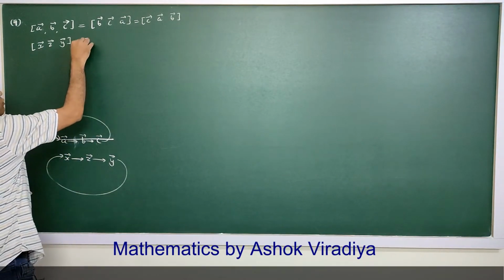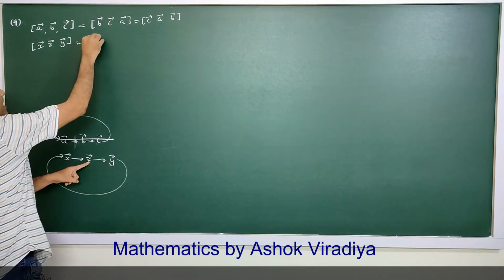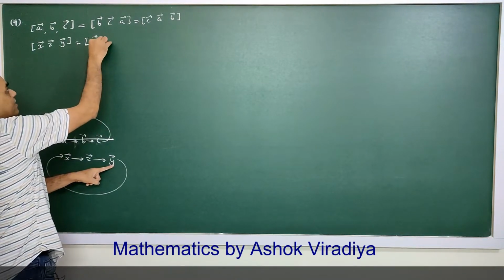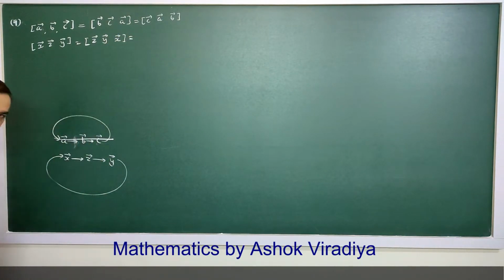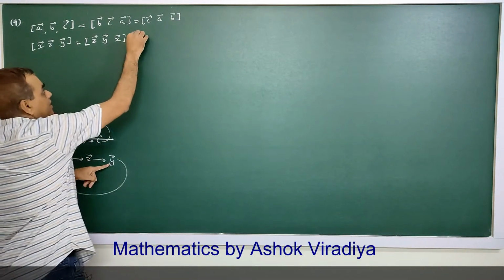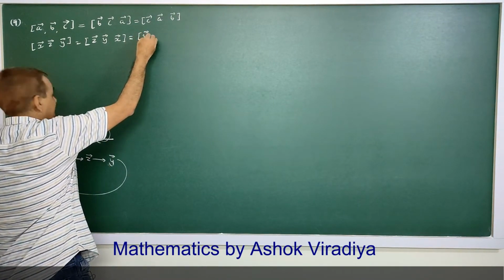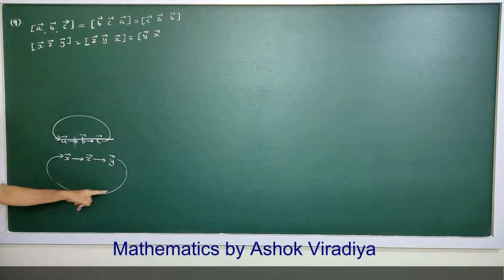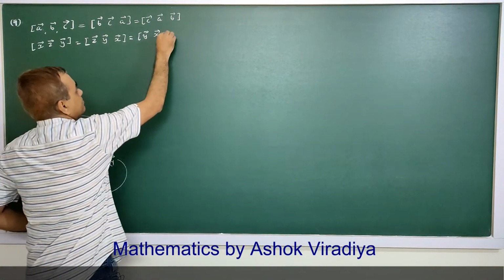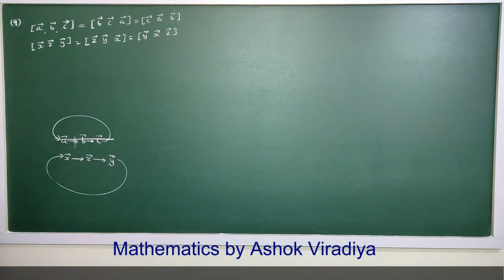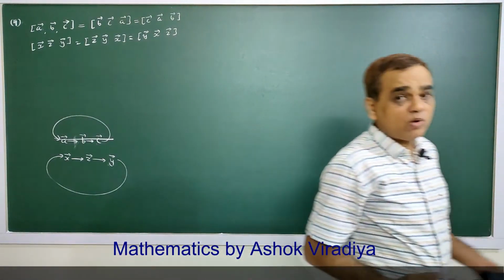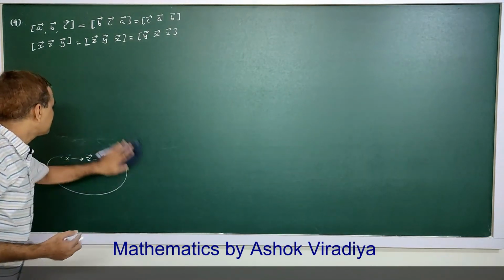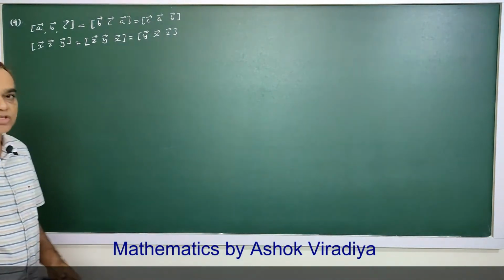Starting was from X, now I start from Z: vector Z, vector Y, vector X. Or if I start from vector Y, then vector Y, vector X, vector Z. So we can rotate vectors this way, maintaining the sequence. Don't disturb the sequence, keep the given sequence as it is, and we can rotate in a box.